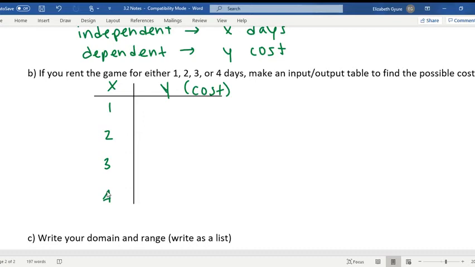Instead of writing x everywhere there's an x, I want you guys to get in the habit of putting an open set of parentheses, because that's where we're going to plug numbers in. So for this first one, line it up with your 1, we're going to put 2 and then an open set of parentheses plus 1.